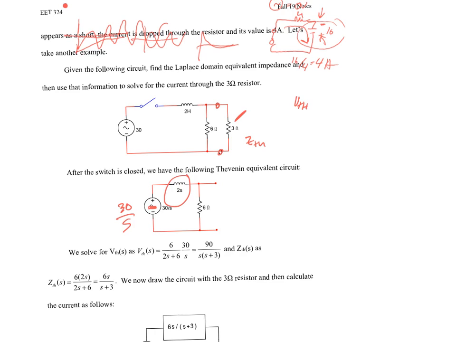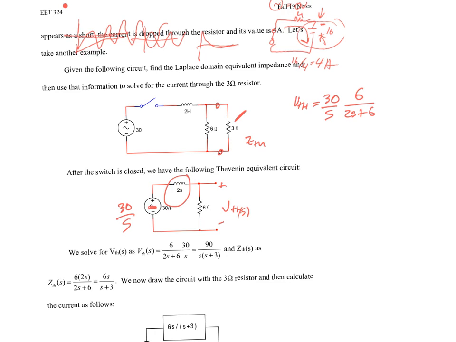So my V Thevenin, pretty easy over here. This is V Thevenin of S. What would be the best way to solve for V Thevenin of S? How about KVL or voltage divider, right? Don't you have a series circuit with a voltage across it? So V Thevenin is going to be V applied, which in this case is 30 over S, times the impedance of the element of interest, which is 6, divided by the sum of the impedances, which is 2S plus 6.